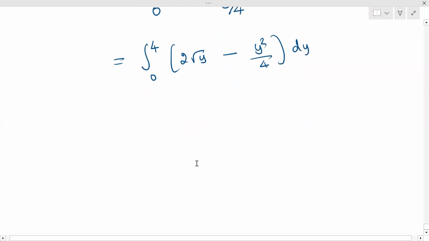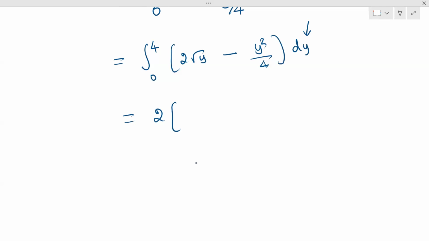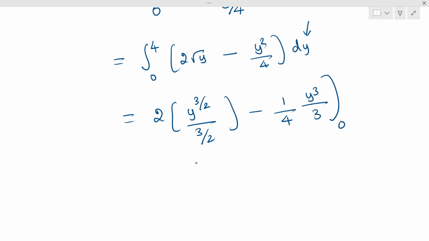Now we integrate with respect to y. Root y means y power 1 by 2, its integration is y power 3 by 2 by 3 by 2, minus 1 by 4 times the integration of y square, which is y cube by 3. Here the limit is 0 to 4.